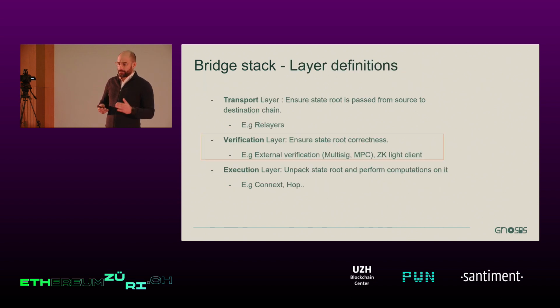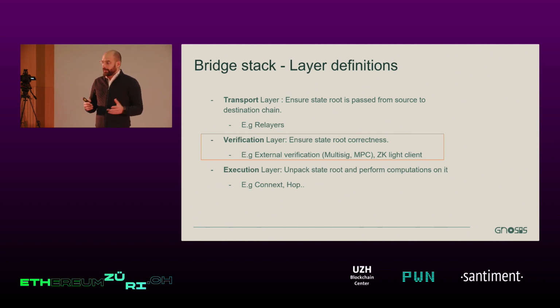Before we go to the framework, there are some layer definitions. We can split bridges into 3 layers, essentially. There's a transport layer. This can be an off-chain component, such as a relayer, that transfers the state root of one chain to the other. Then there is the verification layer, which is the most important one and the toughest one, the one that we're going to focus on, which is ensuring that the state root that you brought from the remote chain is essentially correct.